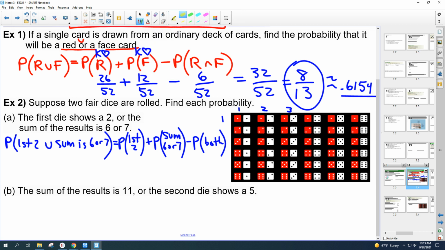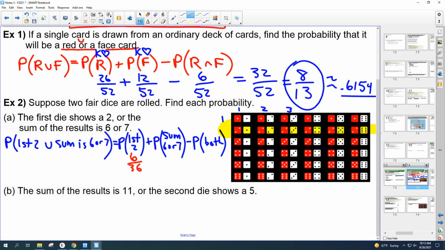The probability that the first one is 2, well, the first is 2, looks like this row right here. That's kind of hard to see. But this row has 6 possibilities. So the probability of the first one being 2 is 6 out of the total number 36.